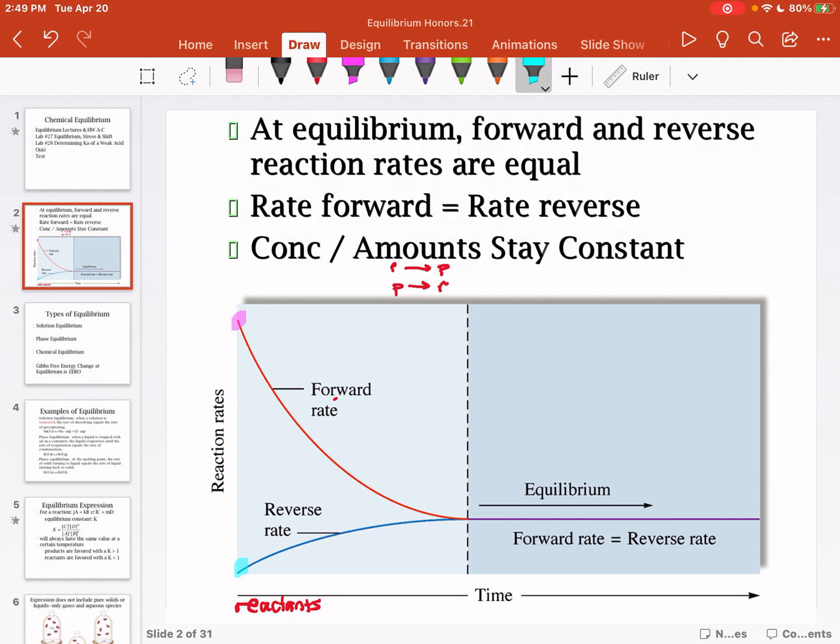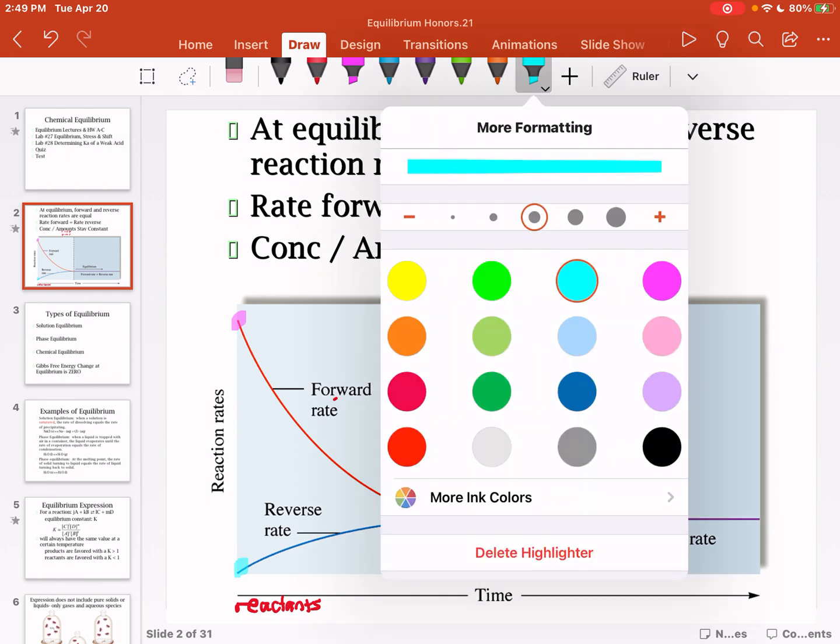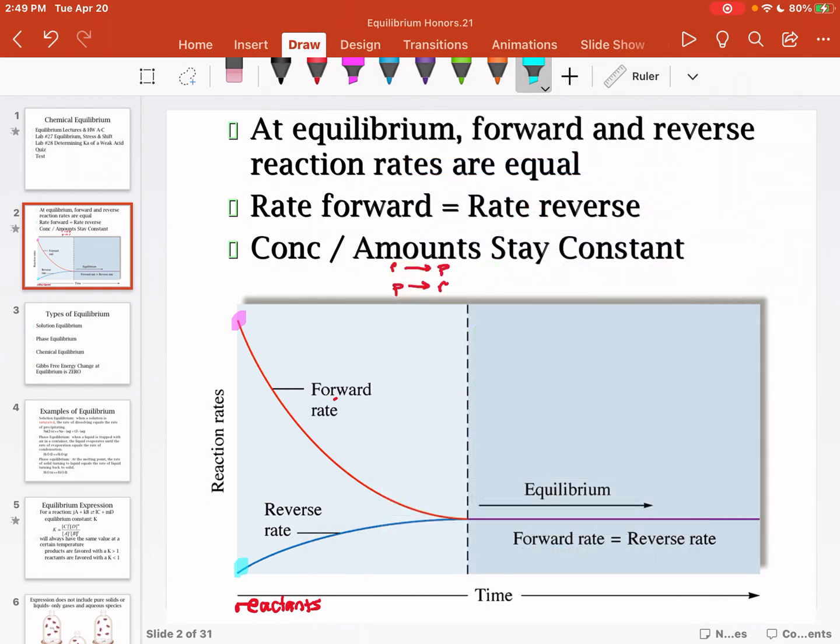And so at some point in time, the rate of our forward reaction, because our y-axis is reaction rate, equals the rate of our reverse reaction, and we get equilibrium right there.